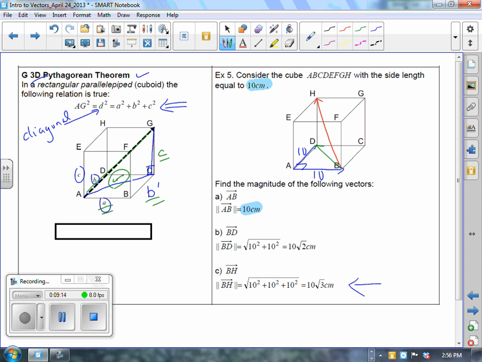That turns out to be the root of 300, and as a mixed radical, you would have root 100 multiplied by the root of 3, which we know to be 10 root 3 centimeters.